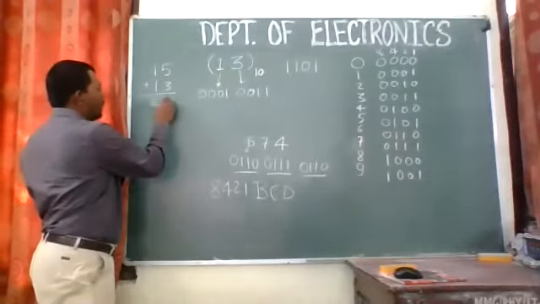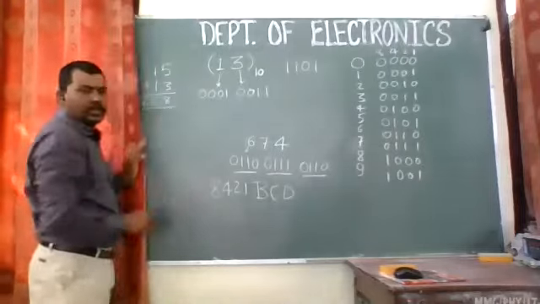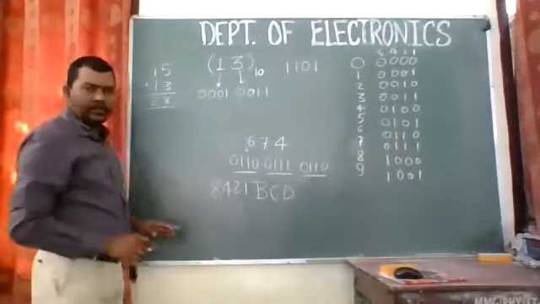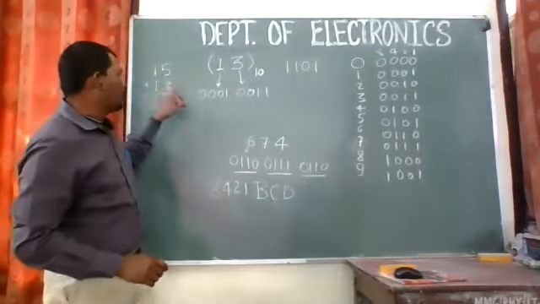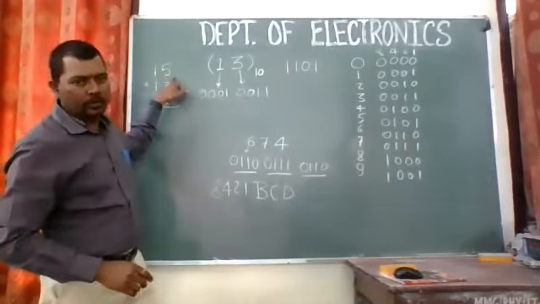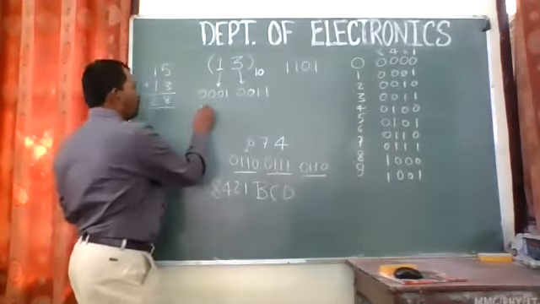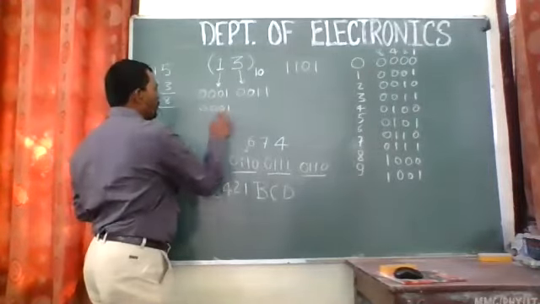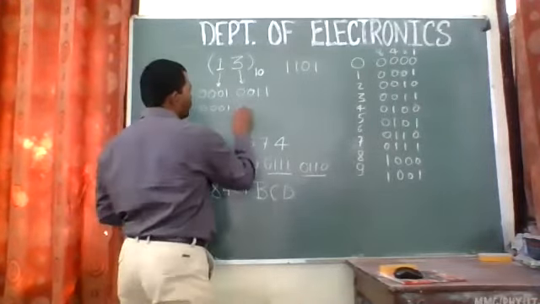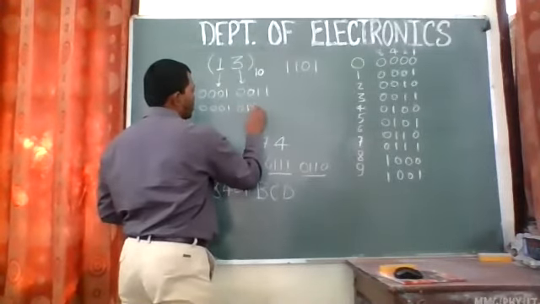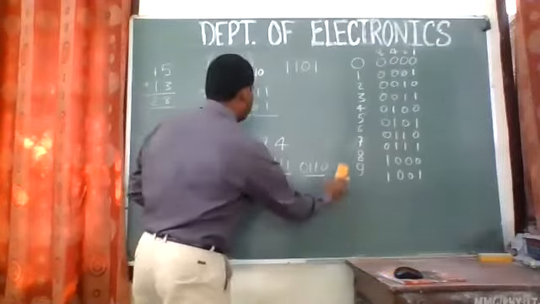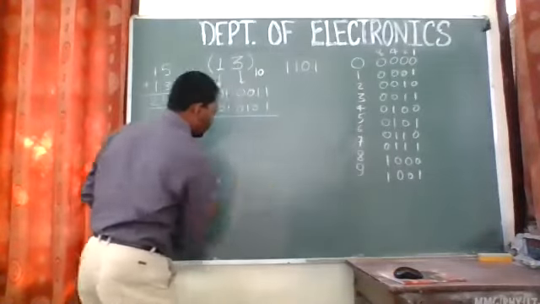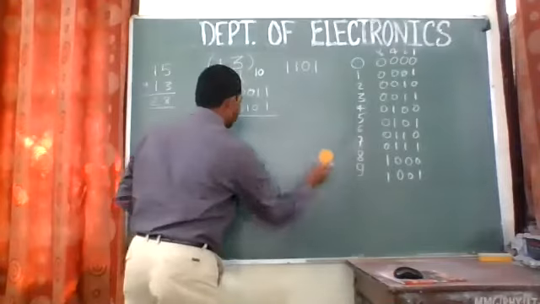The result will be 28. Let us see how it comes. If I convert 15 into 8421 BCD code, the number will be 0001 and 0101.